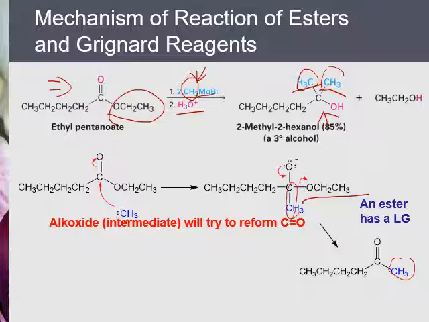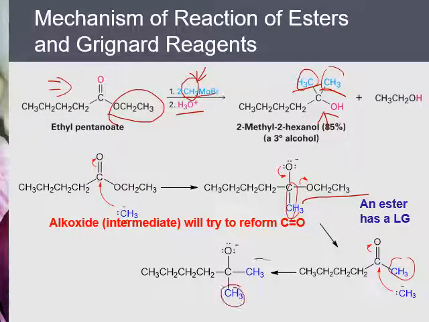Now this is not the end, because ketone can still react with Grignard reagent. So a second carbanion from Grignard reagent will attack carbonyl carbon, forms another carbon-carbon bond, and the carbon-oxygen pi bond breaks, forms a carboxylic. So now you see 2 methyl groups come from the Grignard reagent.